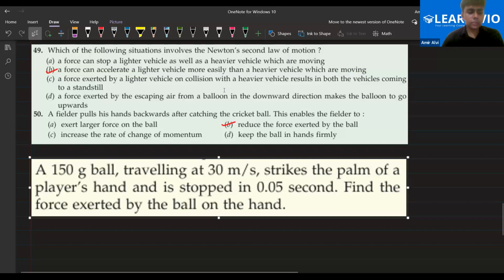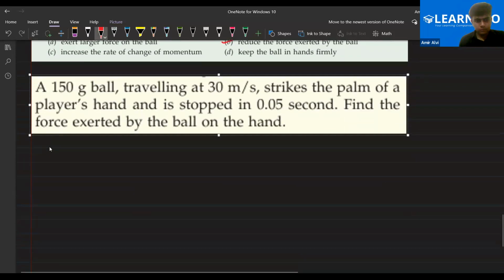Please do let me know the answer. Any answer?